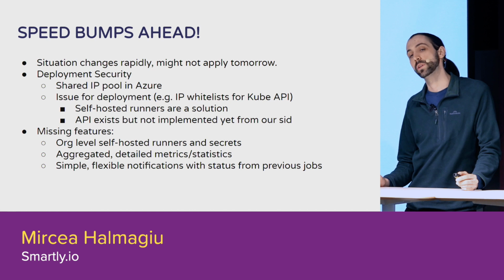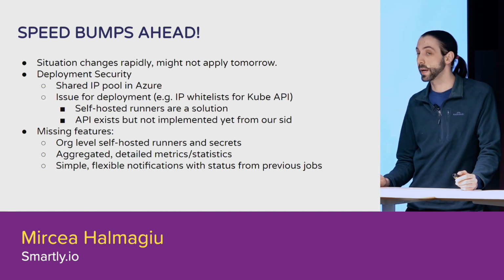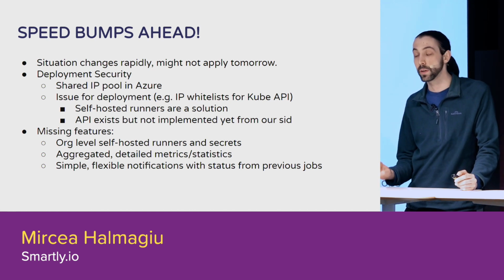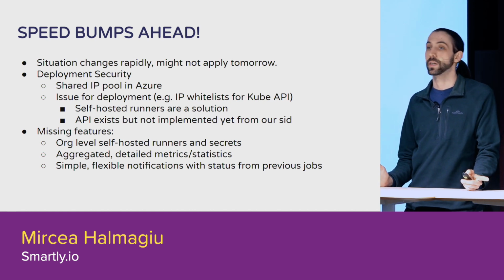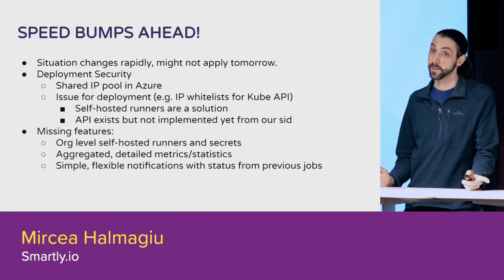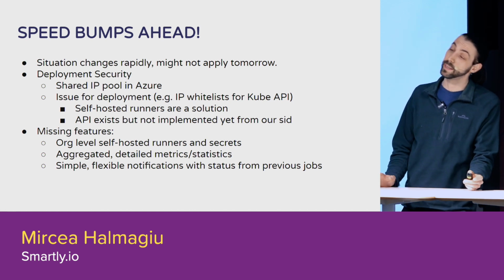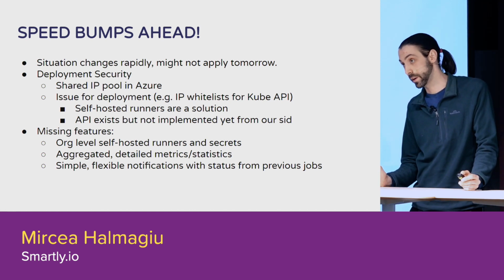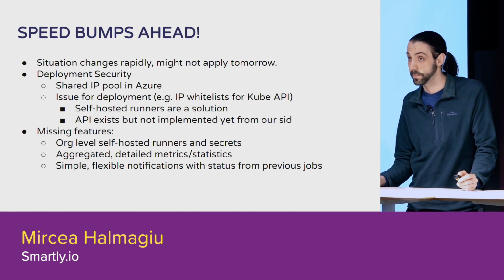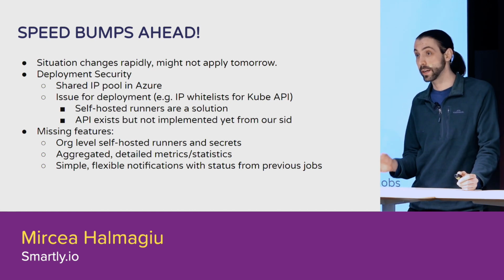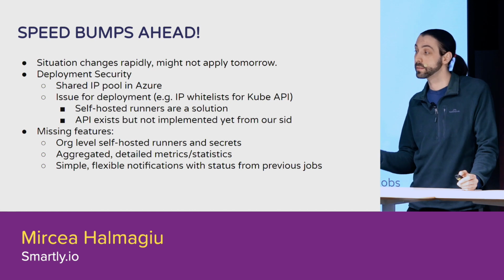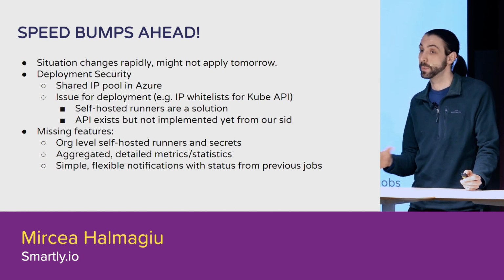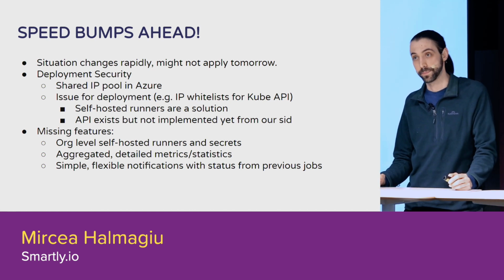The problem is you don't have information from any previous builds, any previous jobs. So you don't know whether the jobs you're talking about have actually succeeded or failed. So you can notify the build is done, but you can't really include information as to whether it was successful or not without integrating other tools. And integrating other tools is definitely a possibility, but you're using GitHub Actions. It would be great if it did all of this for you.